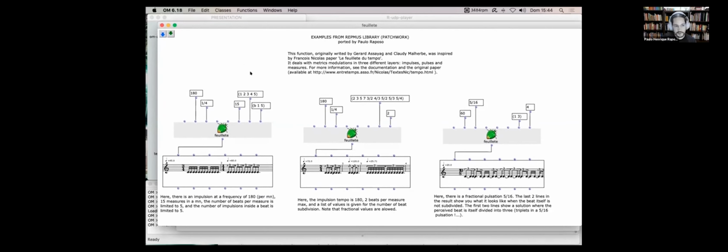And about Patchwork, I have actually found a way to run it on my computer, to load Patchwork using an emulator. I'm emulating the old system, Mac OS 9, to load Patchwork, and I'm studying it.